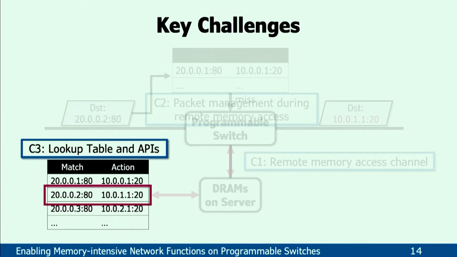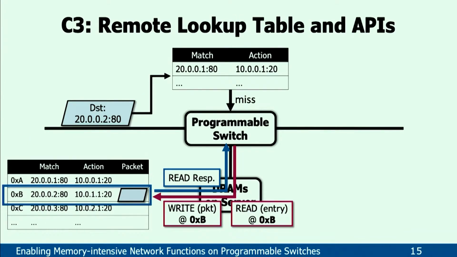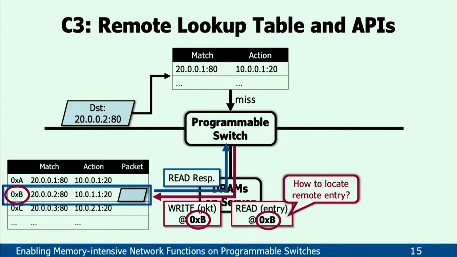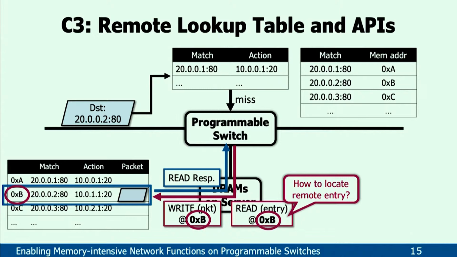The last component is lookup table data structures in remote memory and APIs for accessing it. In this example, to look up an entry from the remote lookup table, the data plane needs to know the remote memory address corresponding to the key. One straightforward solution would be to store a mapping between all possible keys and remote memory addresses in on-chip SRAM space.